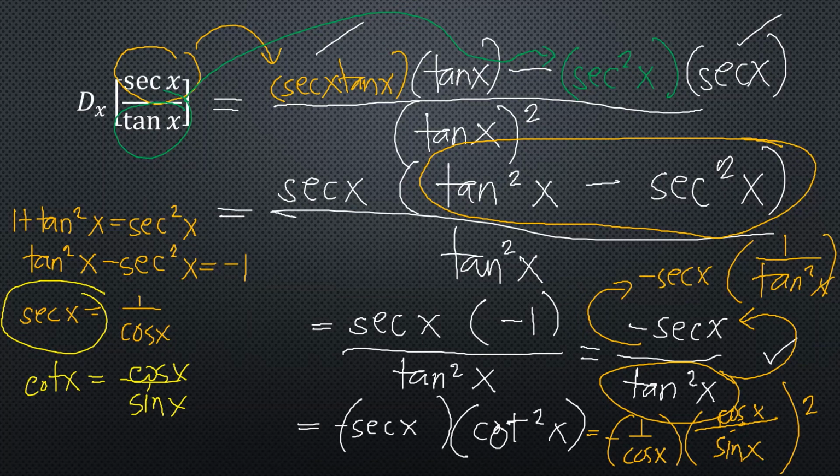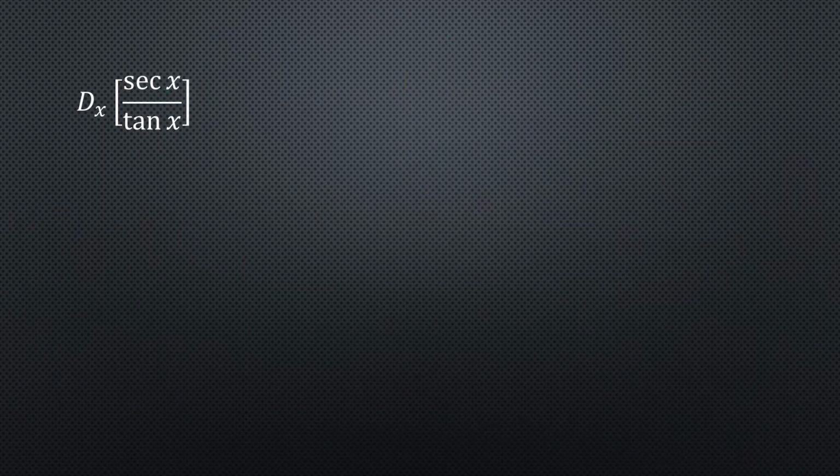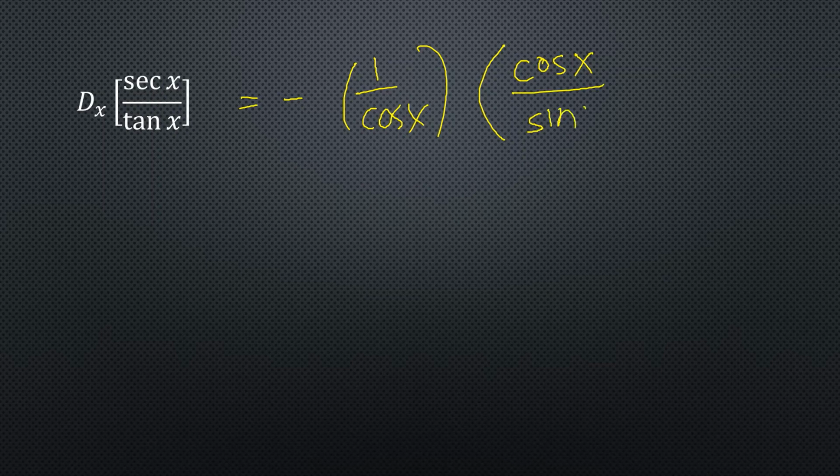Therefore, if we expand the square of cosine x over sine x, then we can cancel out cosine x here, right? So when we expand negative 1 over cosine x and the square of cosine x over sine x, which is the equivalent of cotangent squared x, pag i-expand natin yan, nagiging ganito ang kanyang itsura.